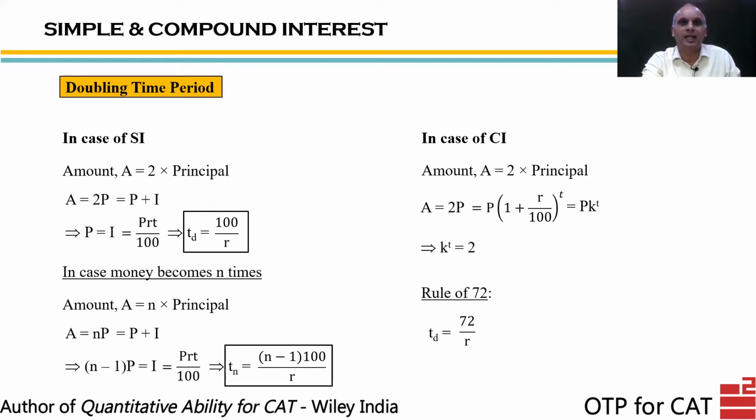The limitation is that R should lie between 5% to 12%. As long as R lies in this range, the error rate will be less than 1%, which I believe is acceptable in a CAT or XAT kind of exam.